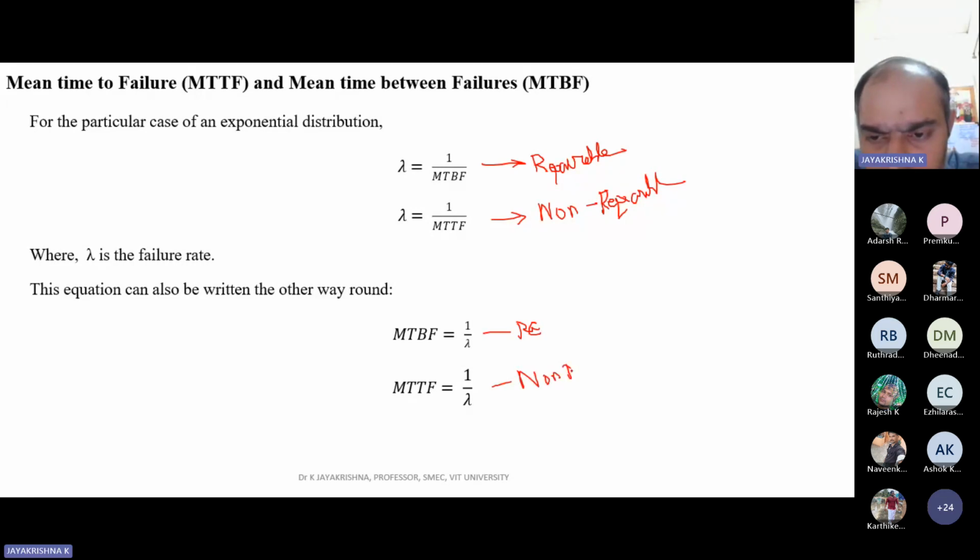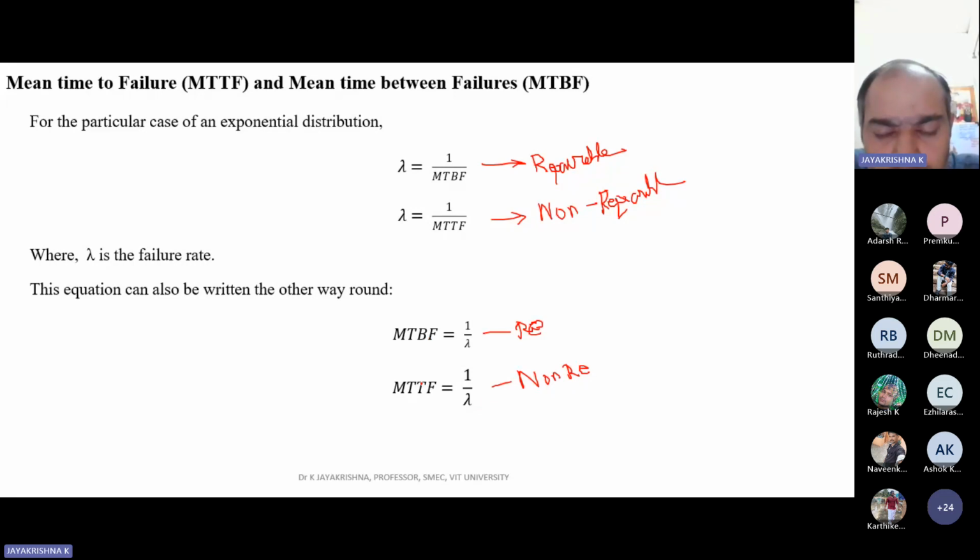Are you able to understand? So please note down these two formulas, one for repairable and one for non-repairable. MTBF is equal to 1 by lambda, MTTF is equal to 1 by lambda. Everything is 1 by lambda.